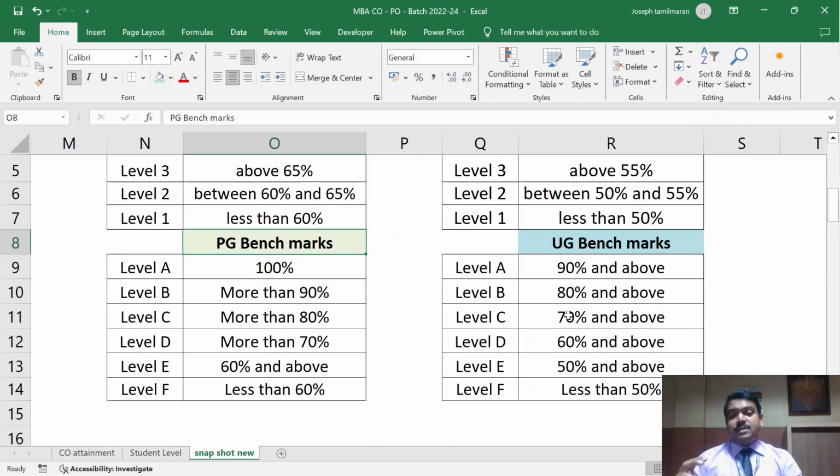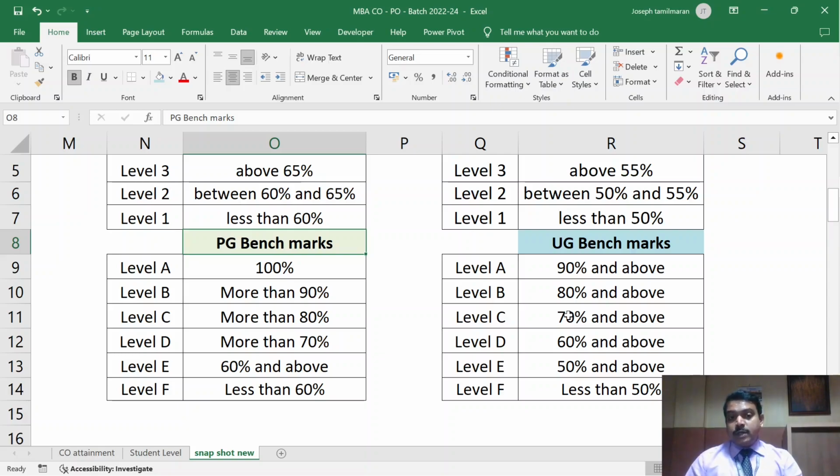If that average is less than 60, we conclude that CO is not attained and it is at level 1. If it is between 60 and 65, the course outcome is attained at level 2. And if the average score is above 65, the CO is attained at level 3. So this is one matrix based on the average marks scored by a batch of students.